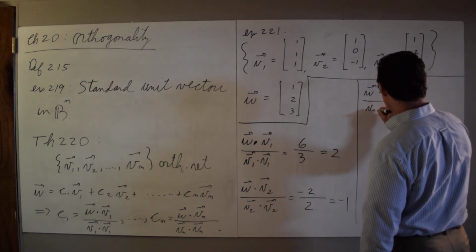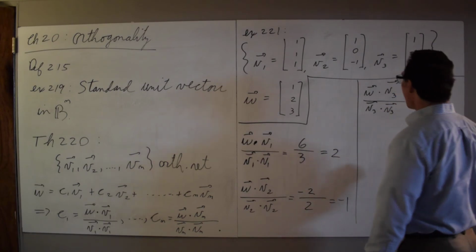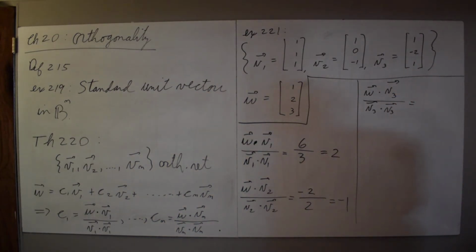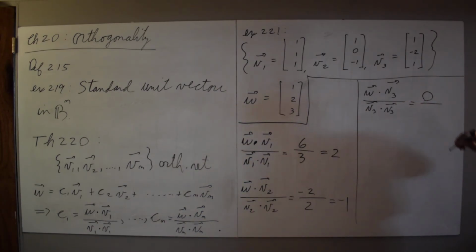Finally, the dot product of W and V3 is going to be 1 minus 4 plus 3, which is 0, divided by, it doesn't matter what the dot product of V3 with itself is, but let's calculate it. It's just going to be 1 plus 4 plus 1.